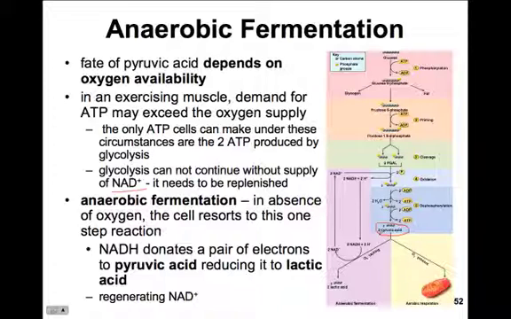So the process of anaerobic fermentation is how we return NAD back to glycolysis so that it can continue to pick up electrons and hydrogens, thus removing them from the original glucose and allowing the continued production of pyruvic acid, and thus the production of ATP.